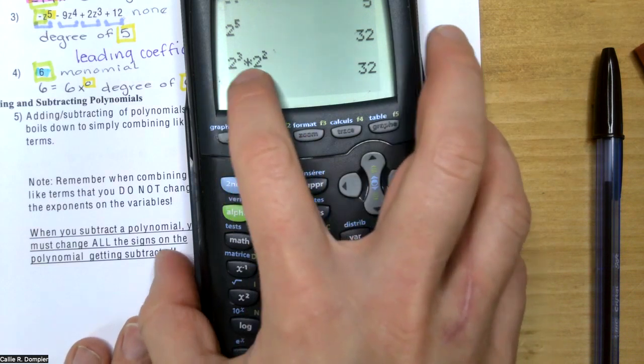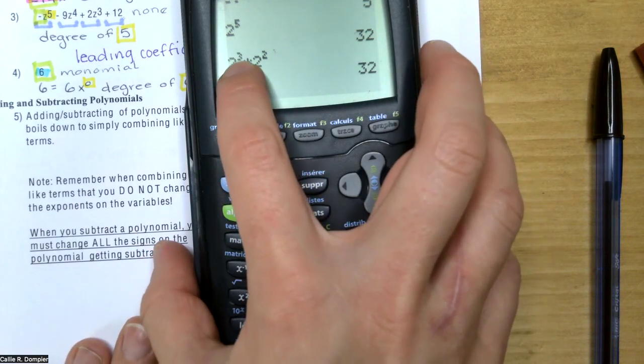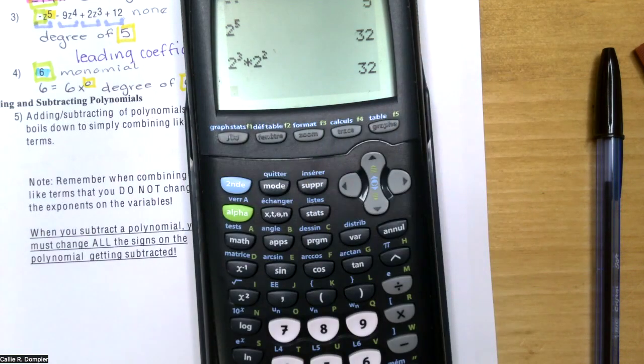Okay, so when the base is the same, you're multiplying two monomials, you can add the exponents. 2 to the third times 2 to the second is going to give you 2 to the fifth.